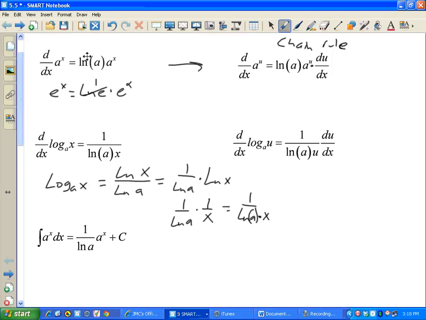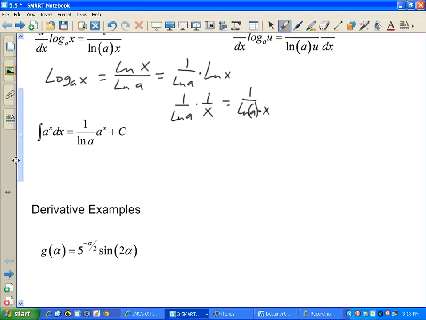If this is the derivative of this, and I integrate both sides, this is going to be my constant term, and this is the variable term. So in order to offset the fact that I have this here, I'm going to have the reciprocal. It's kind of a play on what we do for the power rule. We're just going to have 1 over the natural log of a times a to the x plus our constant of integration.